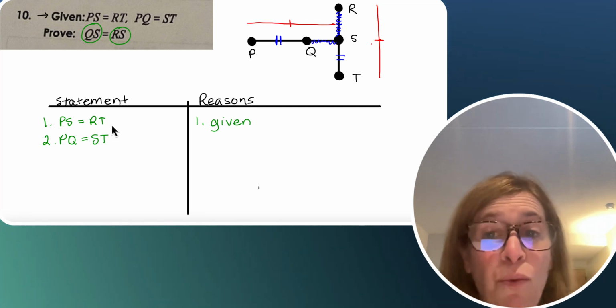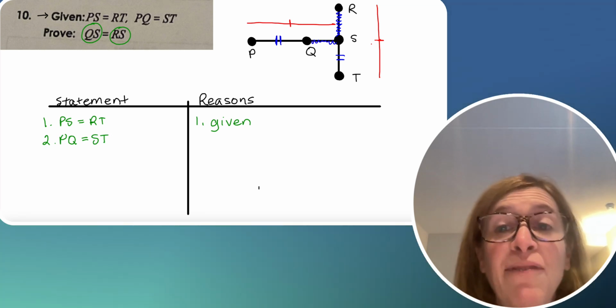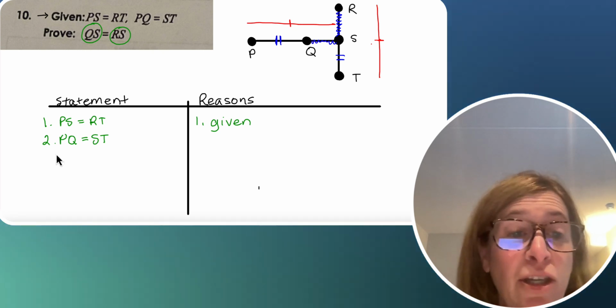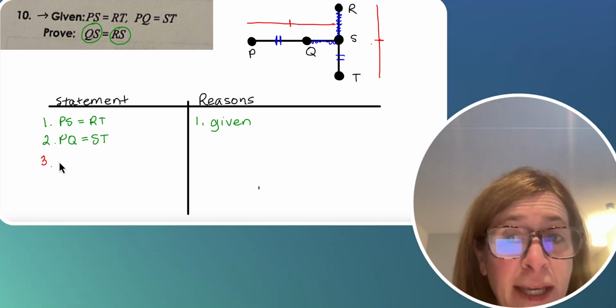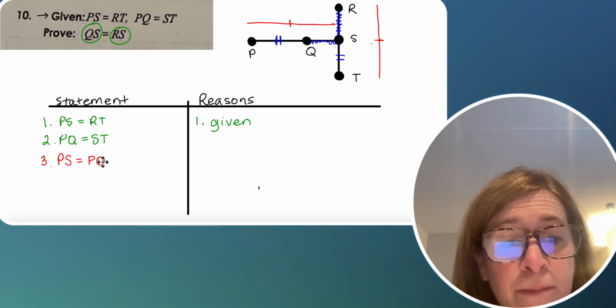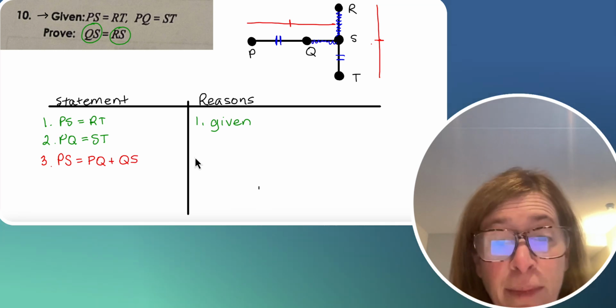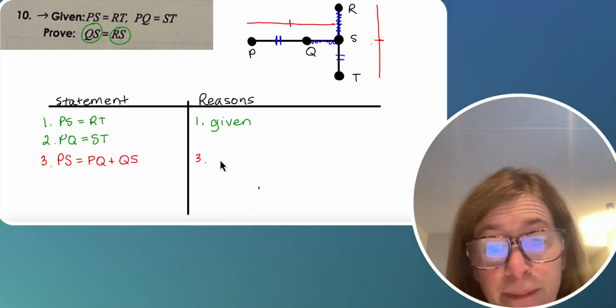Again, I want to get QS into my proof, so I'm going to have to break up the larger segment. Another way to write PS is PQ plus QS. Look, I just got QS into my proof, and that would be the segment addition postulate.